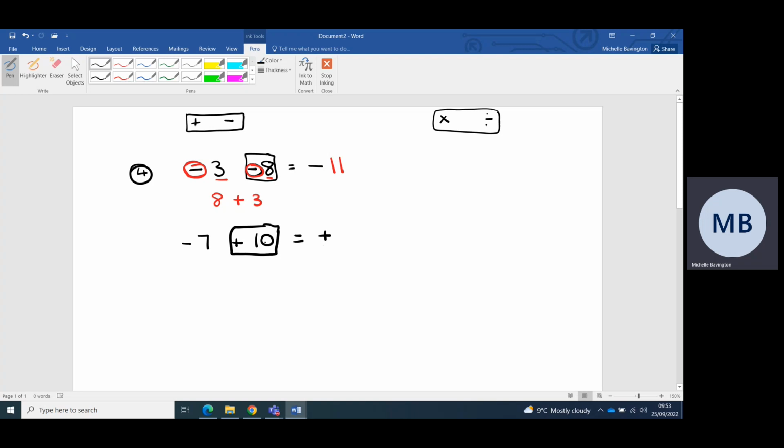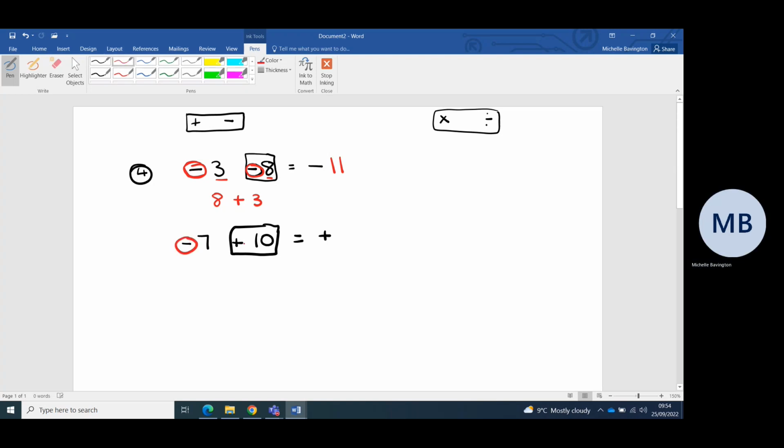Mixed is minus. These are mixed. One's a negative, one's a plus. So I'm going to take my numbers and I'm going to minus, which gives me 3. So my answer is plus 3.